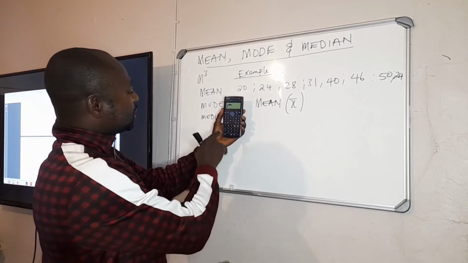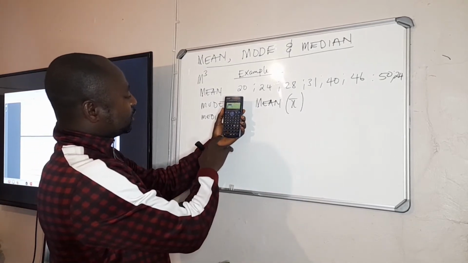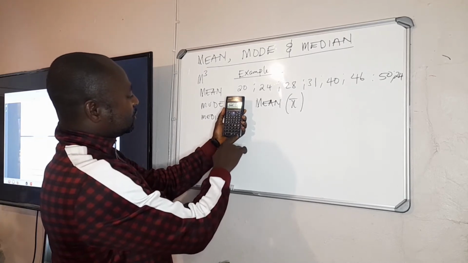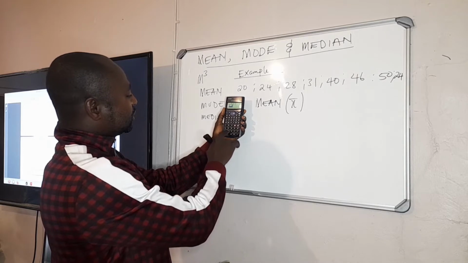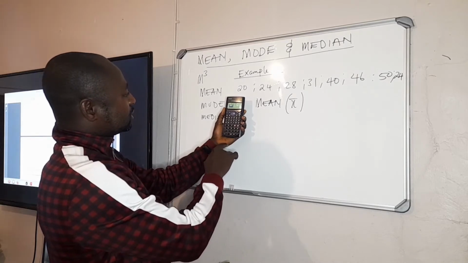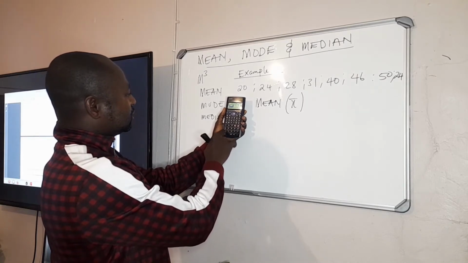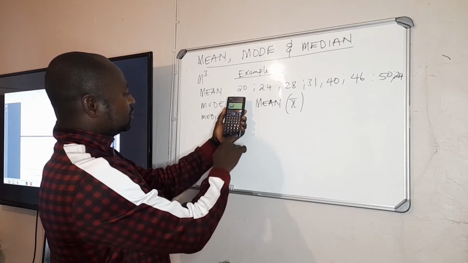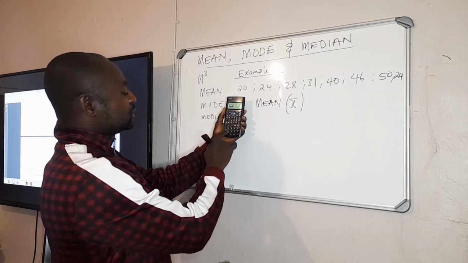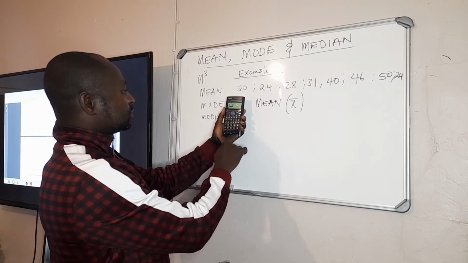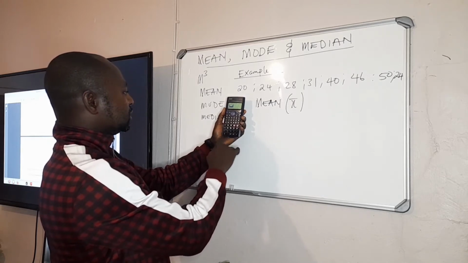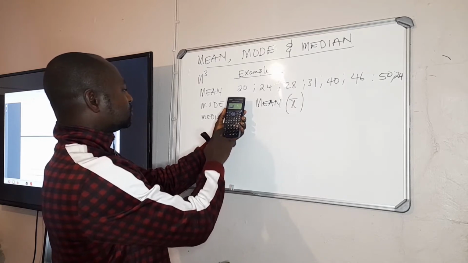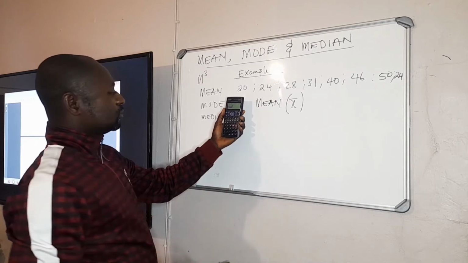You press 20, equal sign, 24, equal sign, 28, equal sign, 31, equal sign, 40, equal sign, 46, equal sign, 50, equal sign, and then the last one, which is 24, and equal sign.